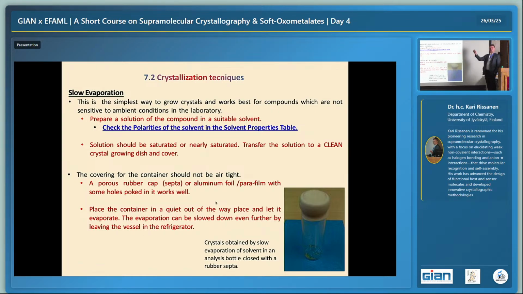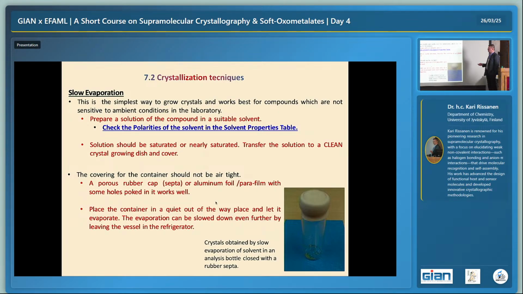The water starts to evaporate, and in a certain time there will be a concentration limit where the sugar molecules are seeing the other sugar molecules and they start forming a crystal. And then the crystals form in there. That's the idea. It's a slow evaporation, it's the simplest.